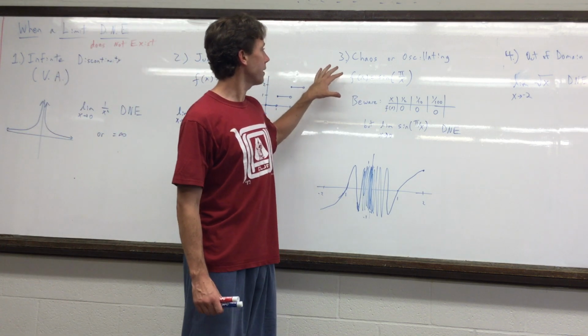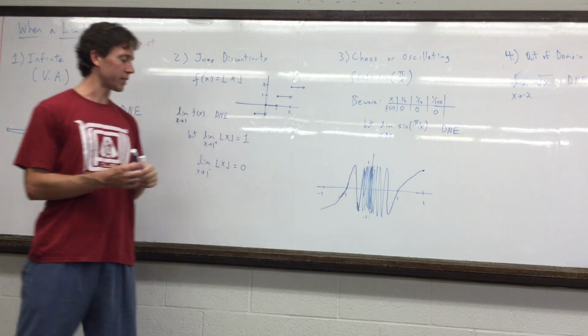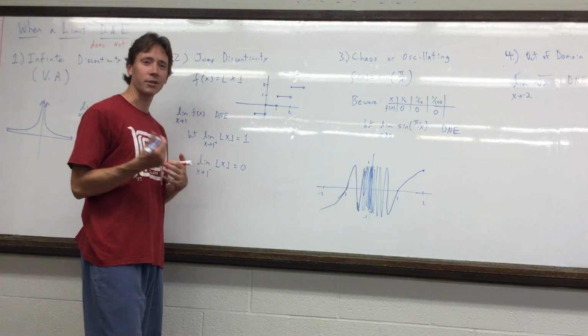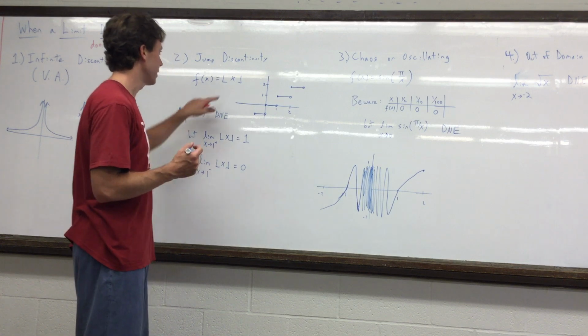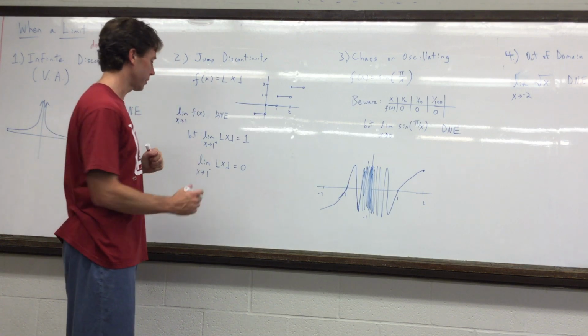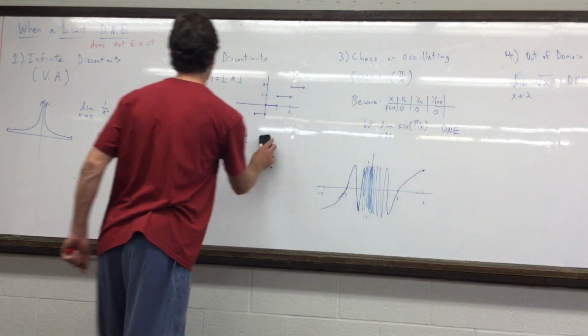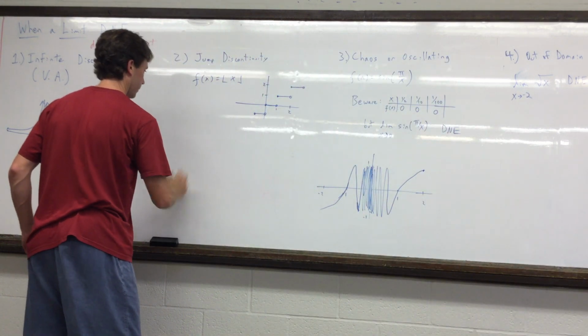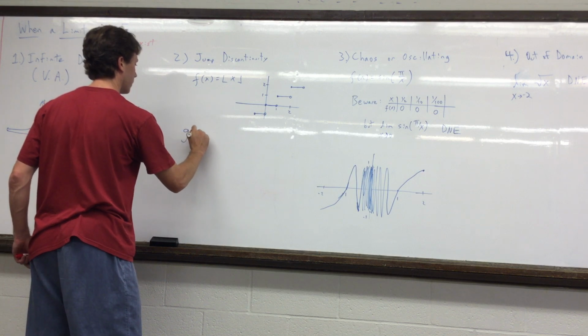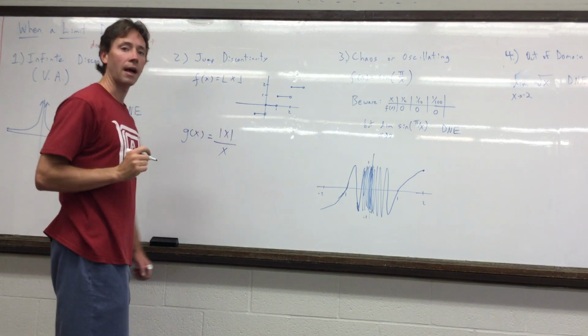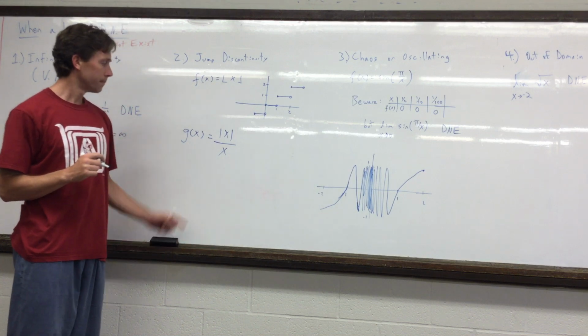The third way, let me give you one more example because it'll be a really useful example to know. They actually really love this example on the AP test. I don't like the step function too much. Consider g of x equals absolute value x divided by x.